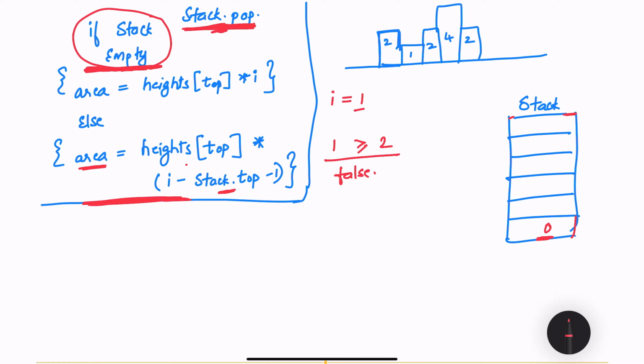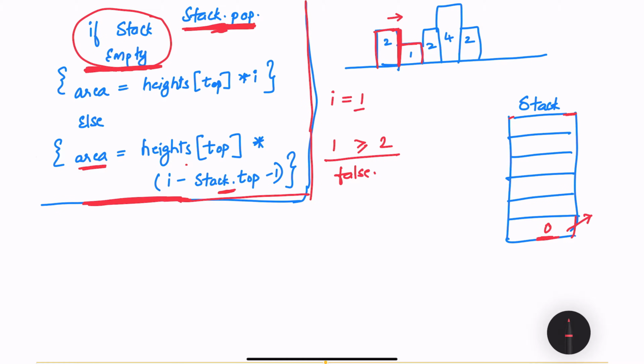I need to pop this value out and use this formula to calculate the maximum area. The reason is, if I were to build a rectangle with height 2 and move towards its right, I cannot proceed because the next value after that is 1, which is less than 2. So definitely I will have to reduce my height to 1 so that I can have a consistent rectangle.